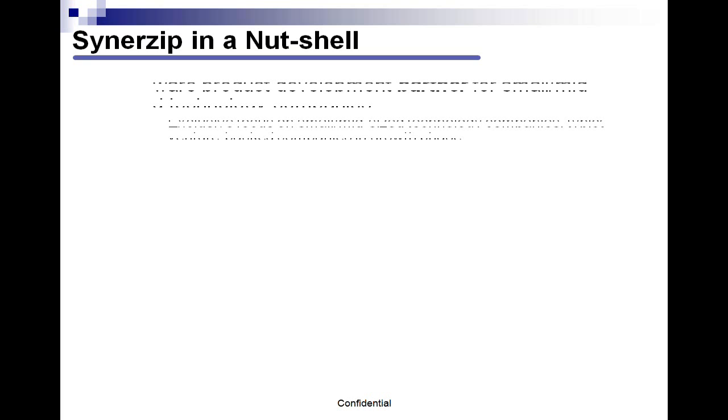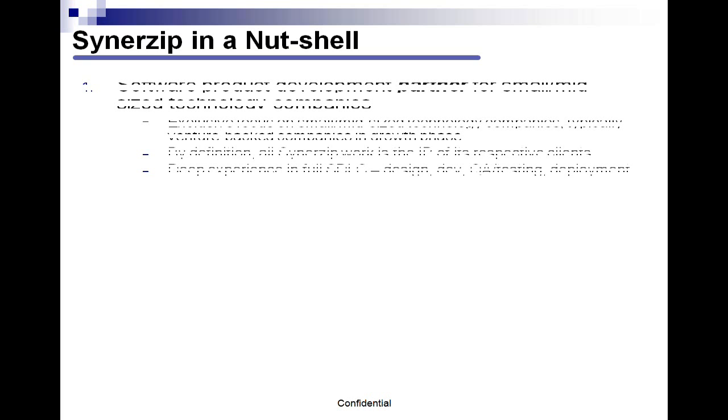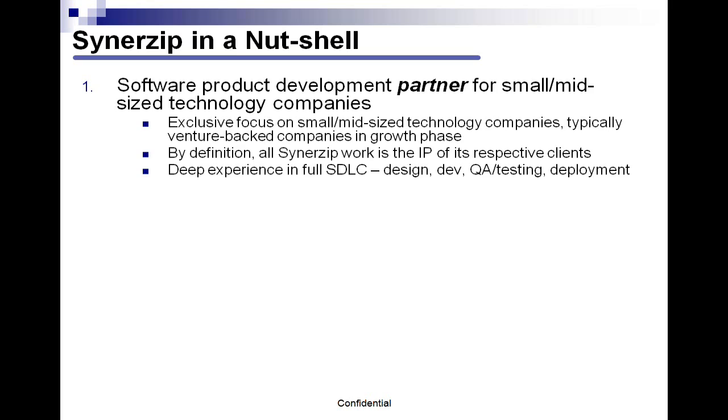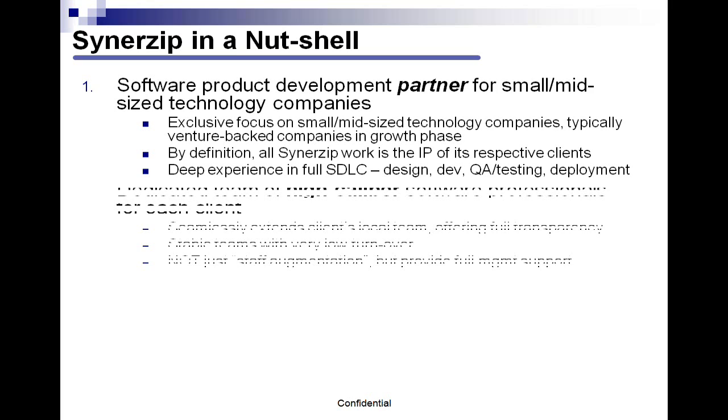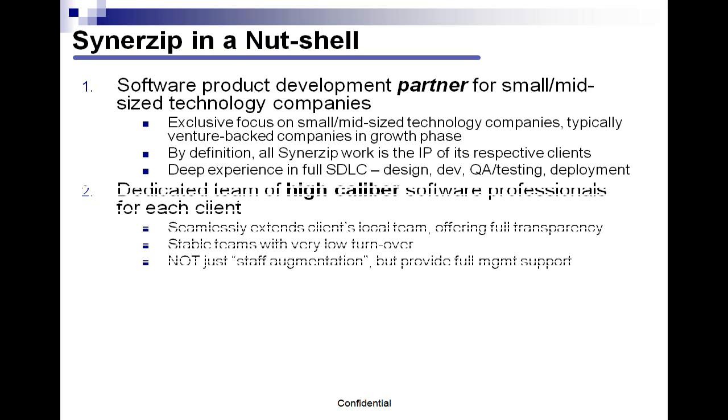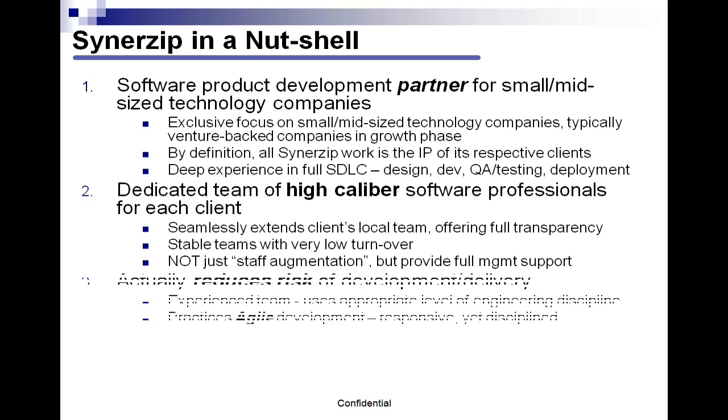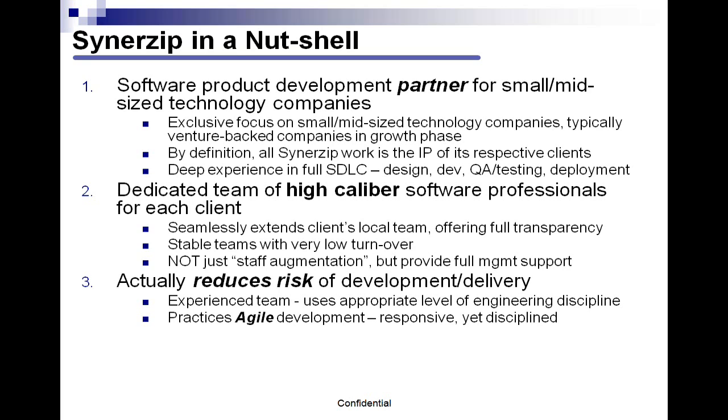So here's a quick introduction to Synerzip in a nutshell. Synerzip is a software product development partner for small to mid-sized technology companies. We help our clients seamlessly extend their engineering team, both dev and QA, and become more scalable in that process. For each client, we put together a dedicated team of high-caliber software professionals and allow them full transparency so it feels like one team for our client.